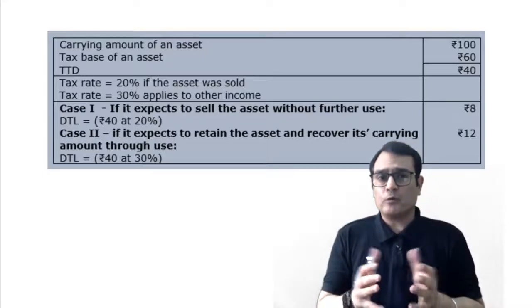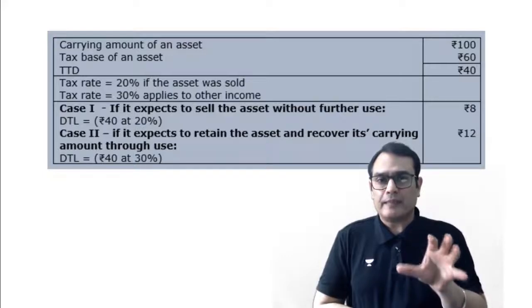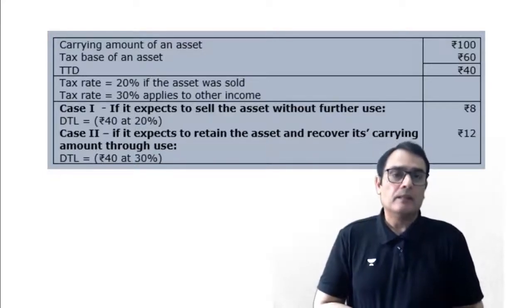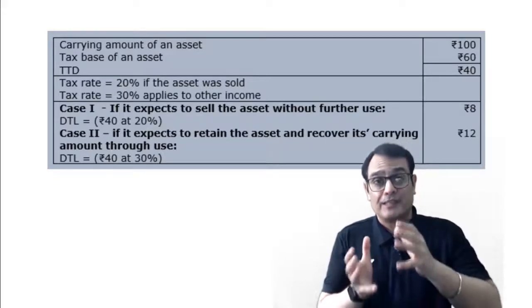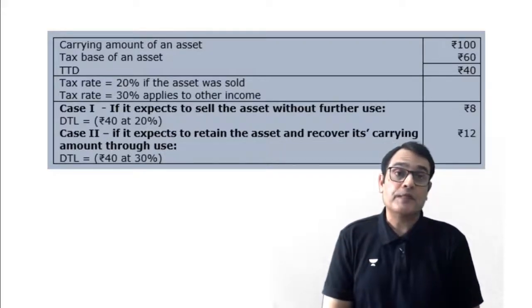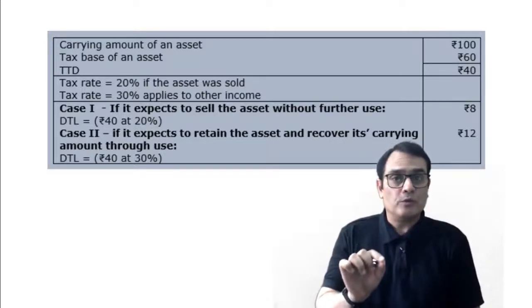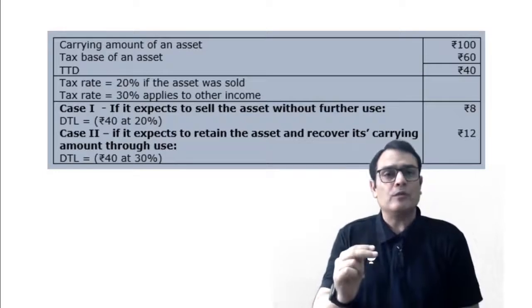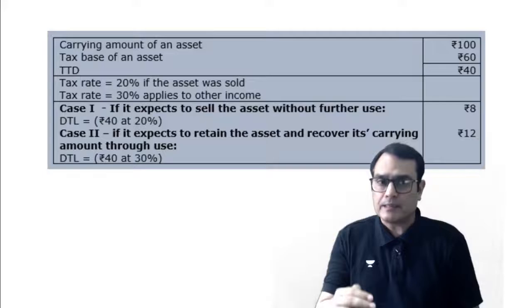Now, in step number 4, we need to consider the tax rate to be applied. There could be a different tax rate which could be applicable, depending on whether the recovery of the asset is by way of sale or by way of use. So if in the tax jurisdiction we've got two different kinds of tax rate, we need to look at the intention of the company. How would the recovery of the asset take place?